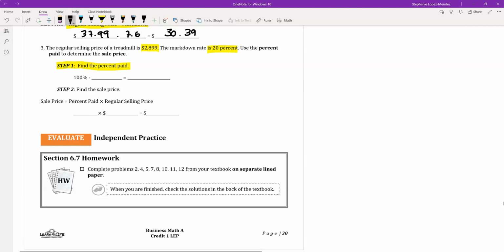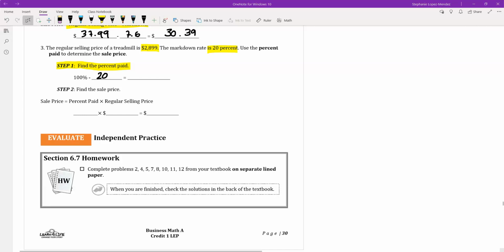So simply, if we have 100%, which will be $2,899, we also have a markdown rate of 20%. So that is the percent that we are going to write down here. We need to find what percent did we pay at the end.